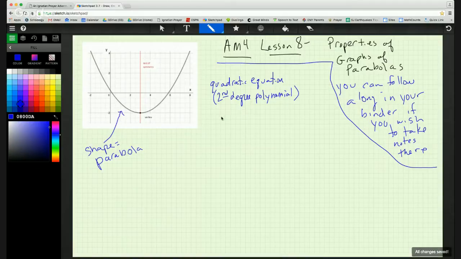So, for example, I could say x squared minus 4x plus 5, and that's a quadratic expression. If I wanted to turn this into a quadratic equation, I could write it like this: y equals x squared minus 4x plus 5, or I could write it like this.